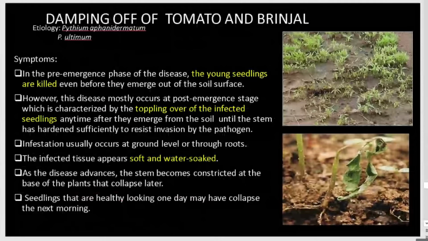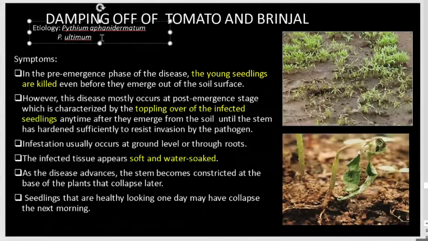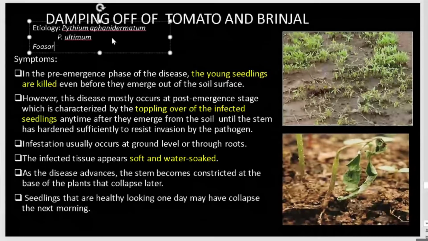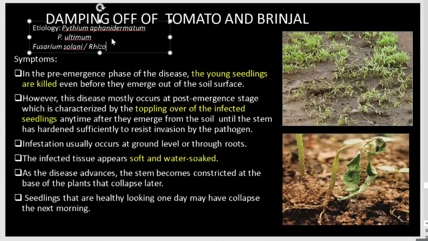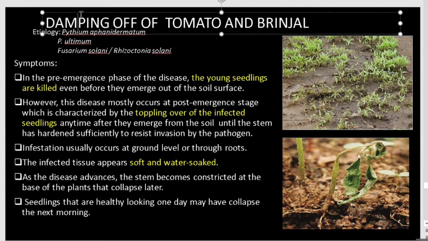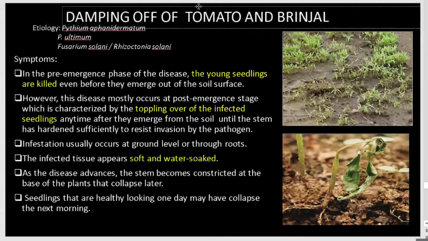Damping off of brinjal. Generally damping off is caused by numerous soil-borne pathogens. Sometimes it may be caused by Fusarium solani or Rhizoctonia. Even Phomopsis can cause damping off, but typically damping off is caused by Pythium species, particularly Pythium aphanidermatum and Pythium ultimum.